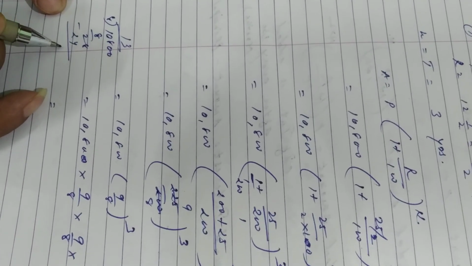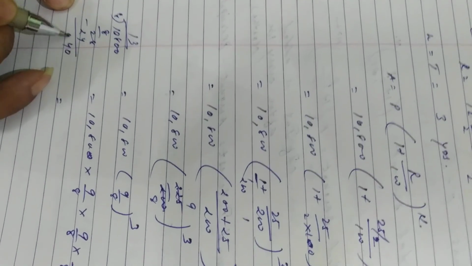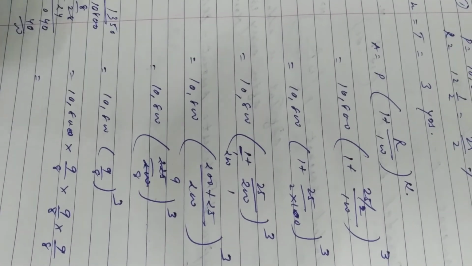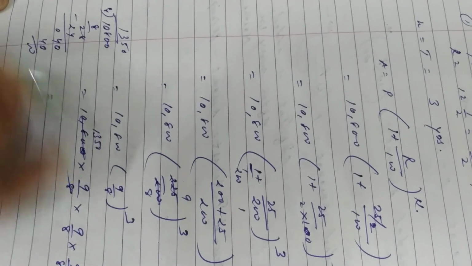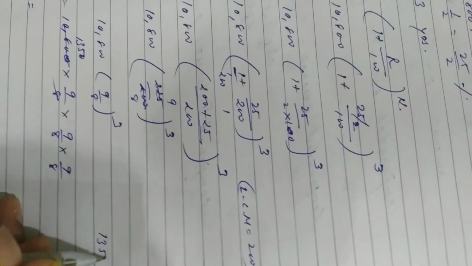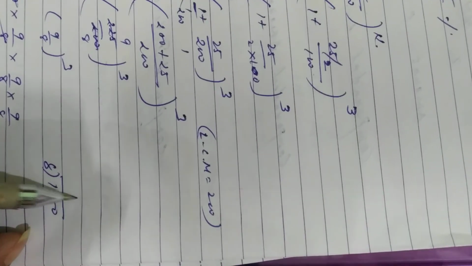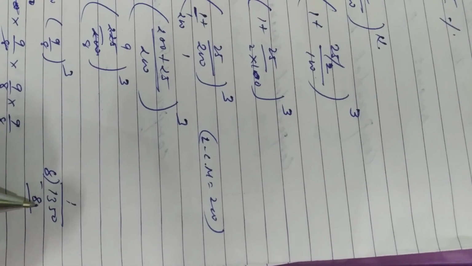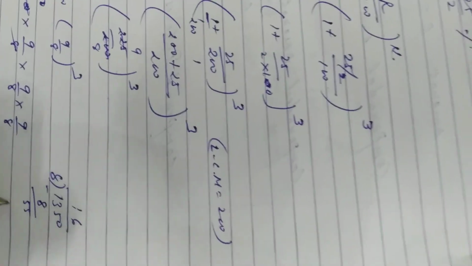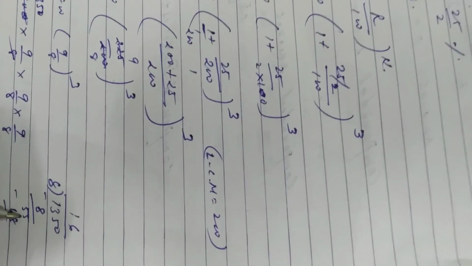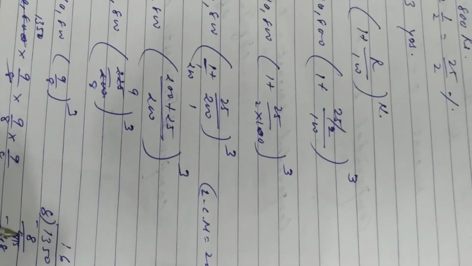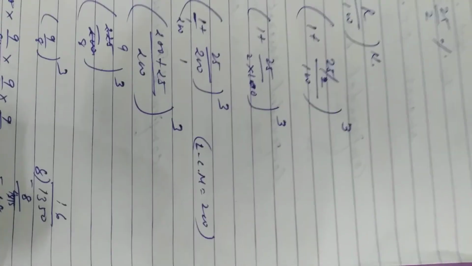So 8 minus 4, 4. 8 fives are 40. So 0, so we get 1350, right? Now again we'll try 1350 divided by 8. 8 ones are 8, so 13 minus 8, so 5. 8 sixes are 48. So 5 minus 8 is not possible, so 15 minus 8. What is the remainder over here? 7.